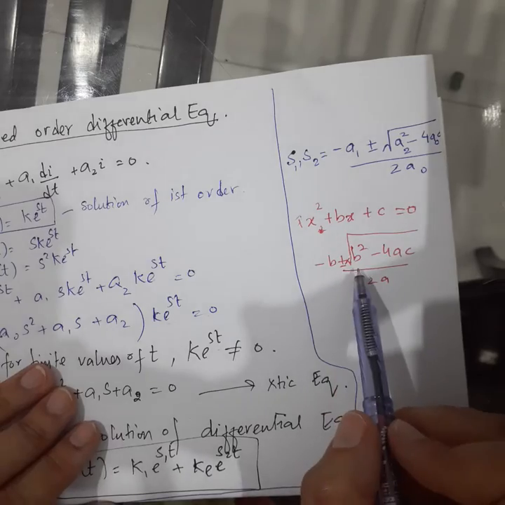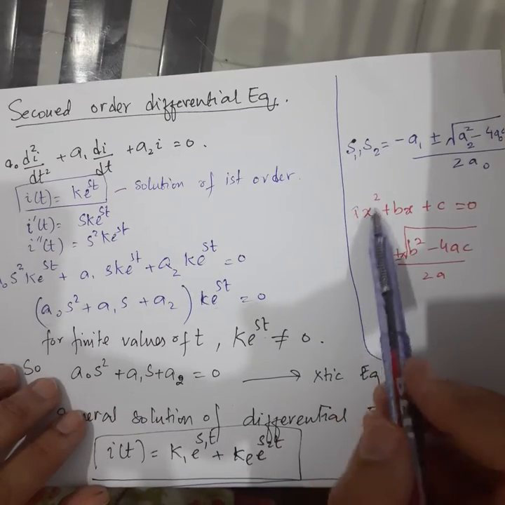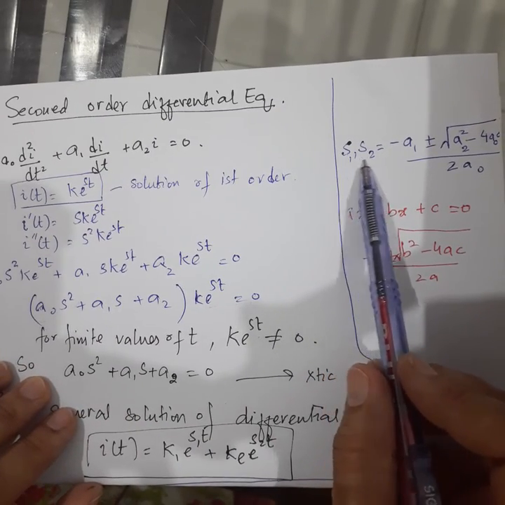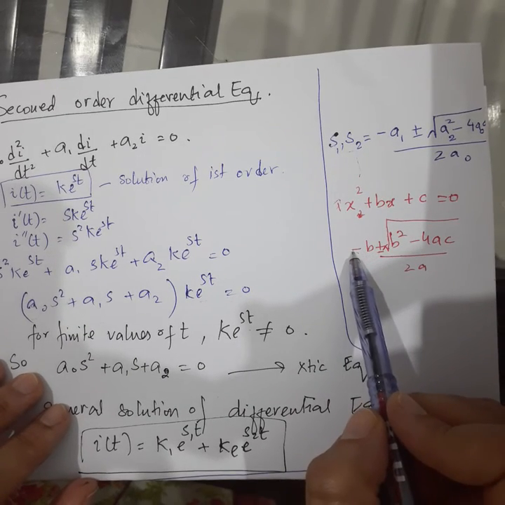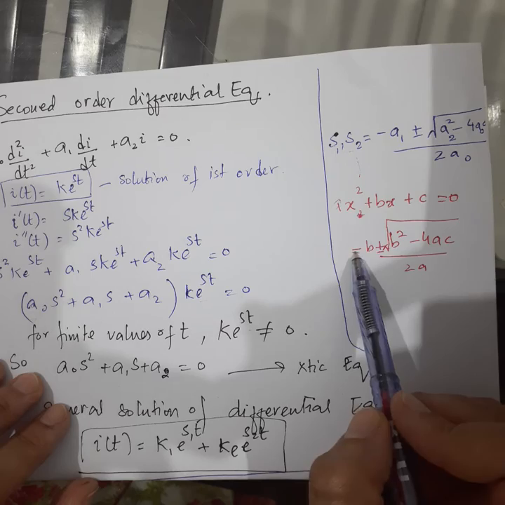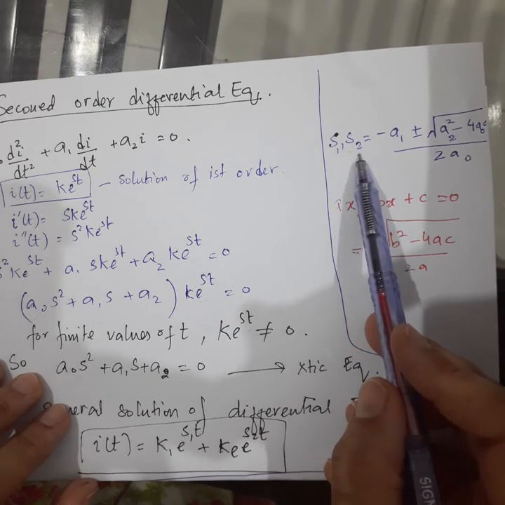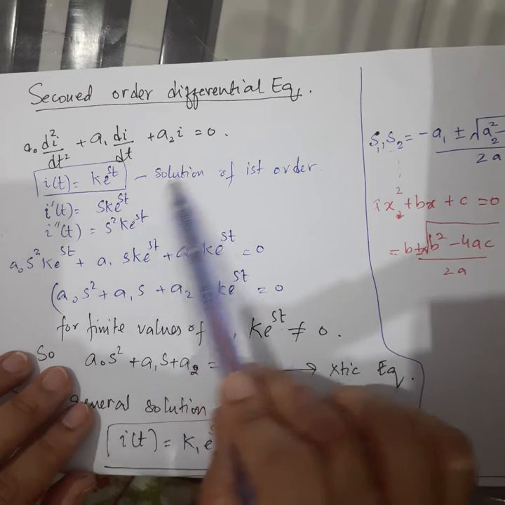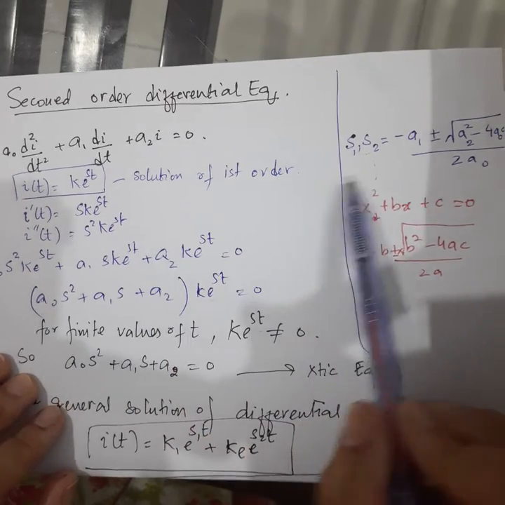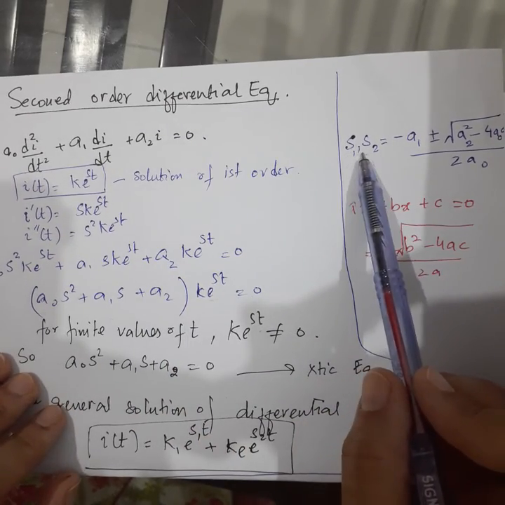And we all know that any quadratic equation will give us two roots, where s1 and s2 are the two roots, and by the virtue of this minus in this formula, we will always get a negative value, mostly a negative value, especially in these differential equations of the circuits. We get a negative value of s1 and s2.